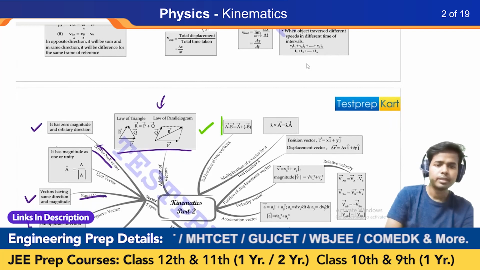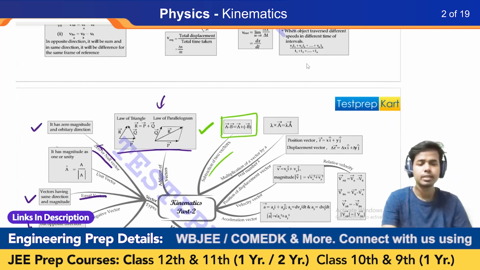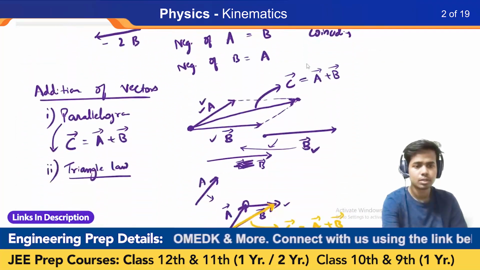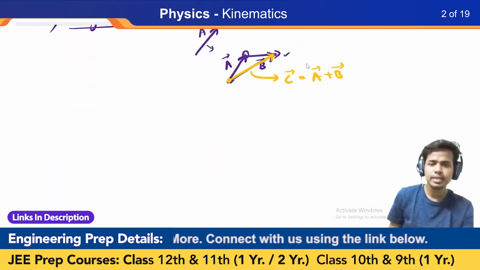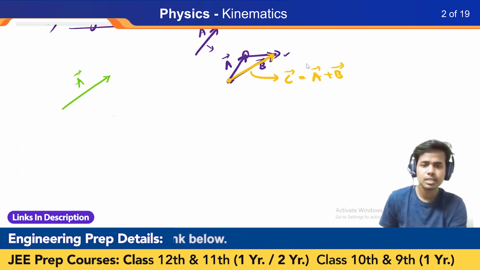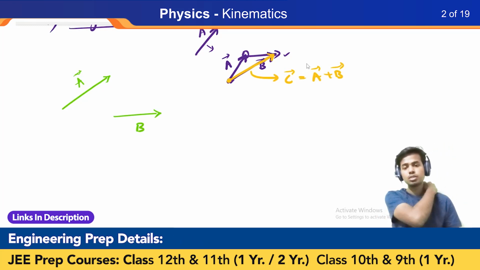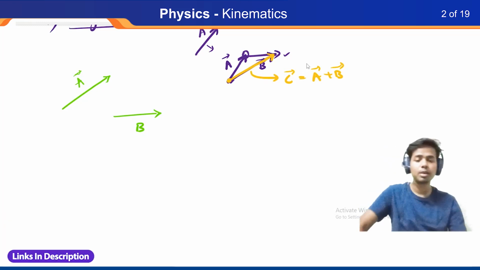Now there is the subtraction of vectors that we'll be dealing with. Let's say there is this vector a and there is this vector b. If we have to do addition, we will just place the tails together so as to satisfy the parallelogram rule.